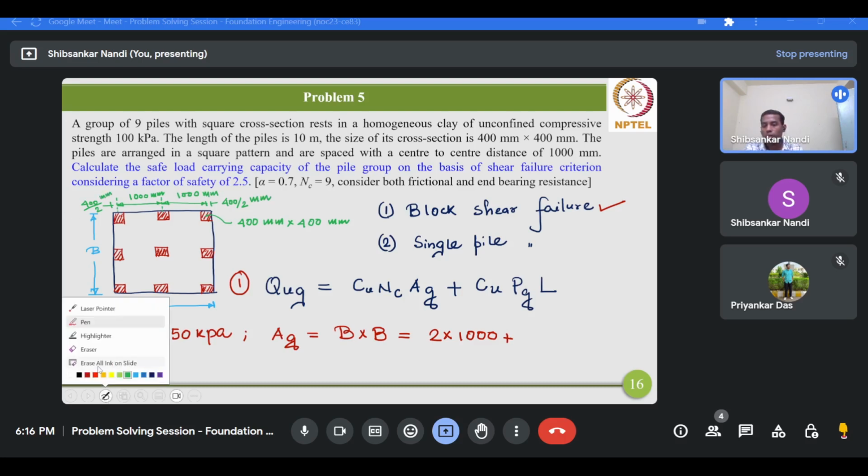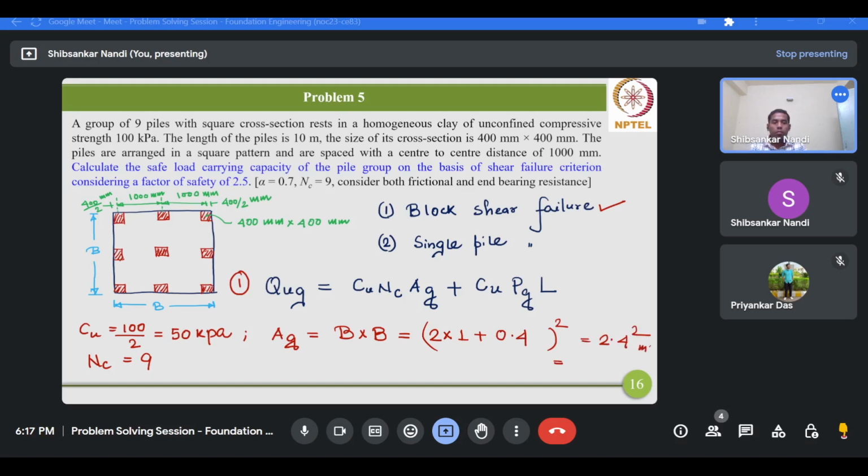Therefore this value would become 2 times 1000 plus 400, which is 2400 millimeter. So we will calculate this area in meter square: 2.4 squared, which is 5.76.